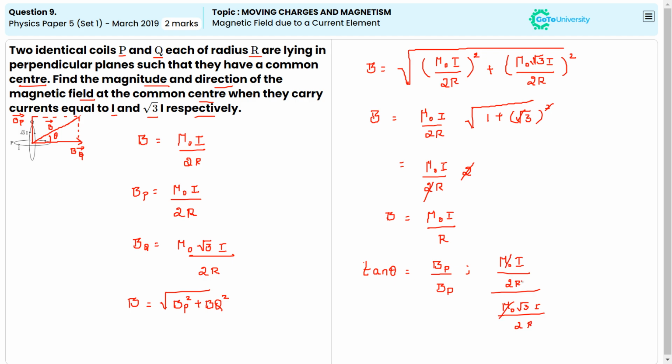Mu naught, 2R and I get cancelled. Then tan theta is equal to 1 by root 3, which is nothing but 30 degrees. This is the direction.